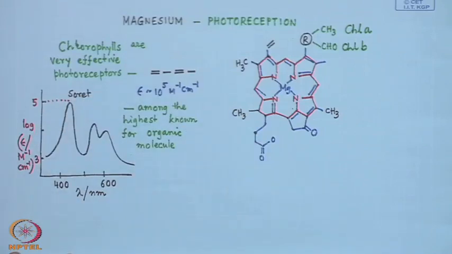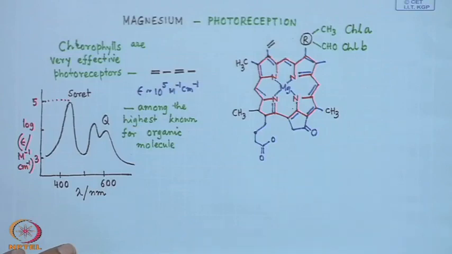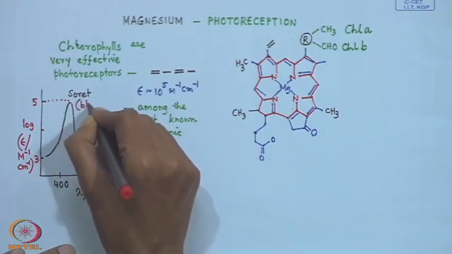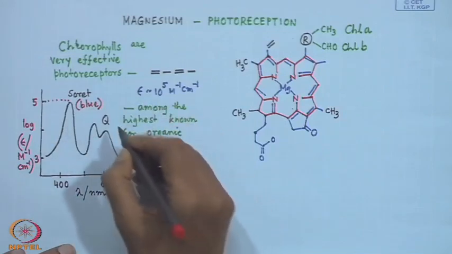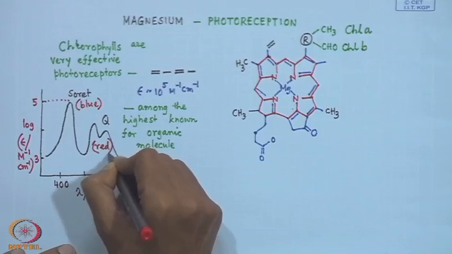We consider near about this 400 band is the Soret band, and these two we consider as the Q band, and this is blue and this is red.